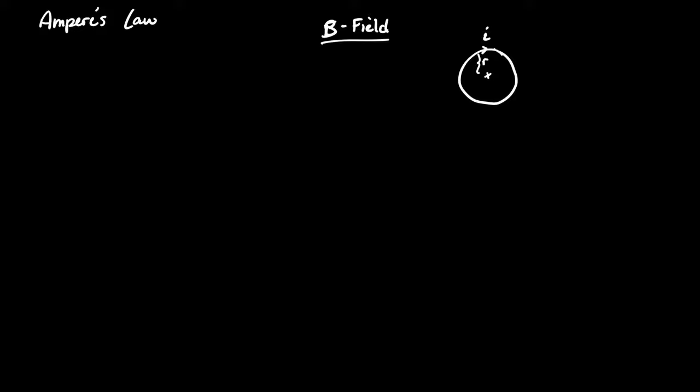So the magnetic field at the center of a current loop of radius r and current I. For a long, straight current-carrying wire, you should know the magnetic field a distance r away from the wire.